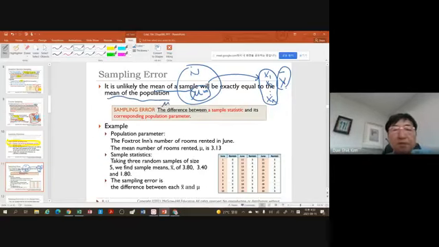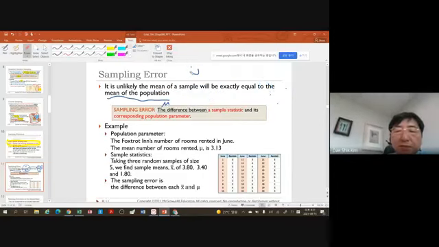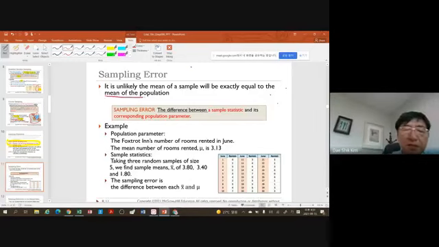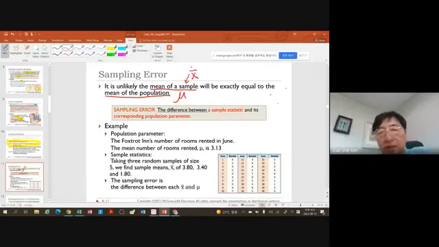You need to distinguish them clearly. Sample mean and population mean are different. Okay, here, population mean is mu. Mean of samples is x bar. It will be exactly equal is unlikely.